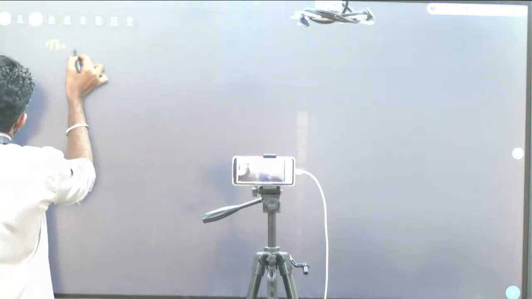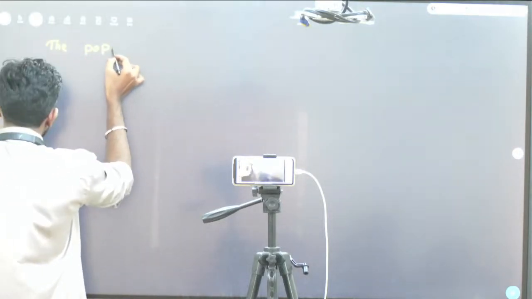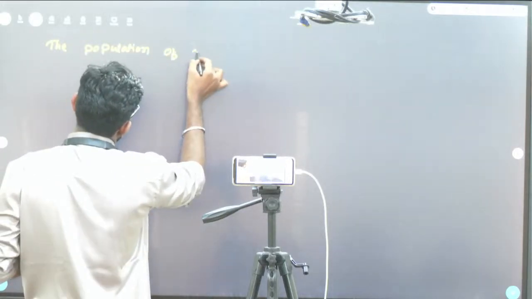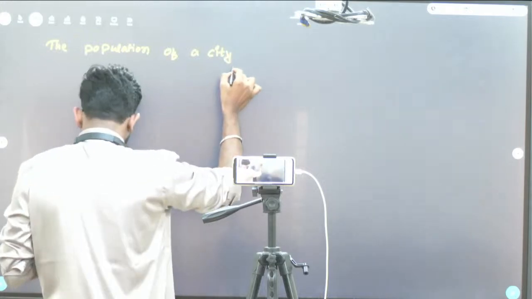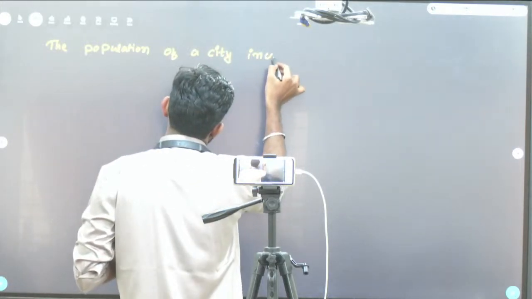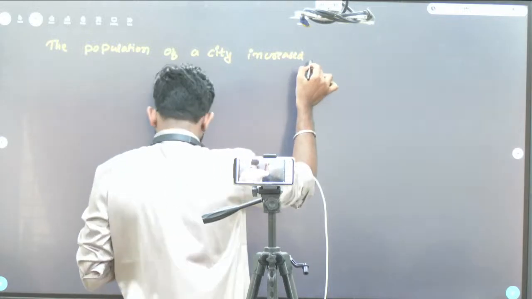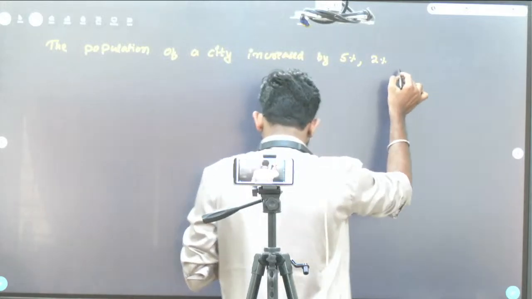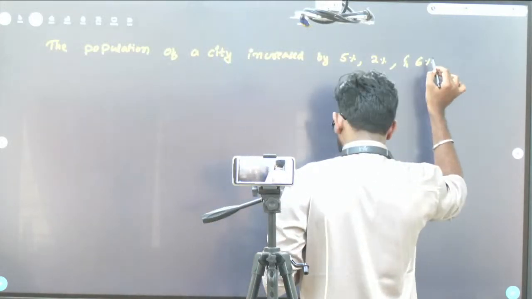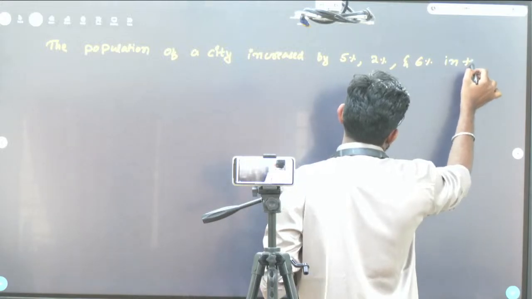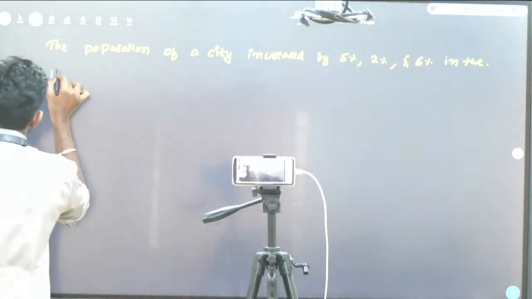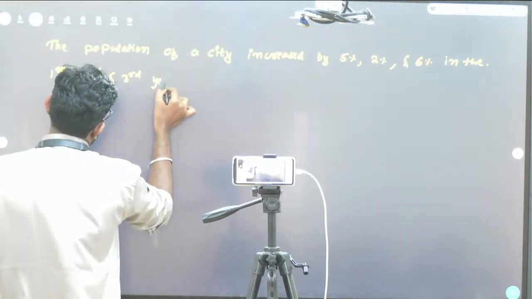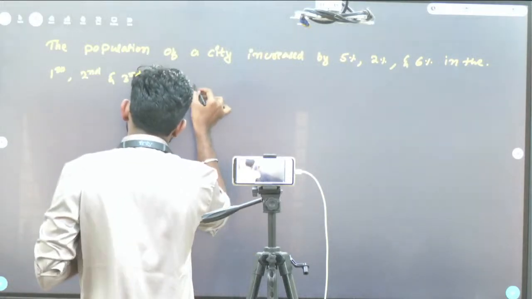The population of a city increased by 5%, 2%, and 6% in the first, second, and third year respectively.